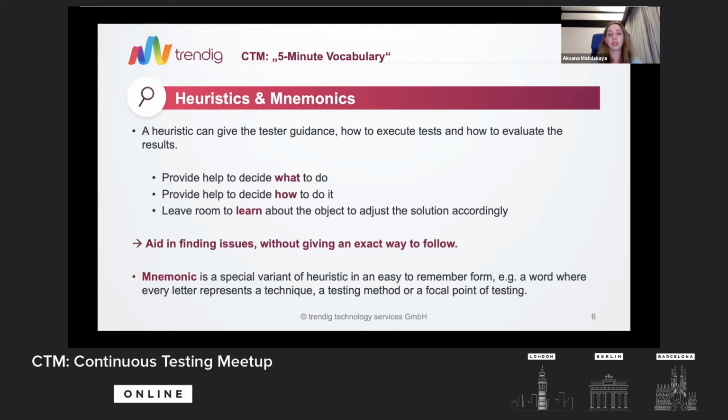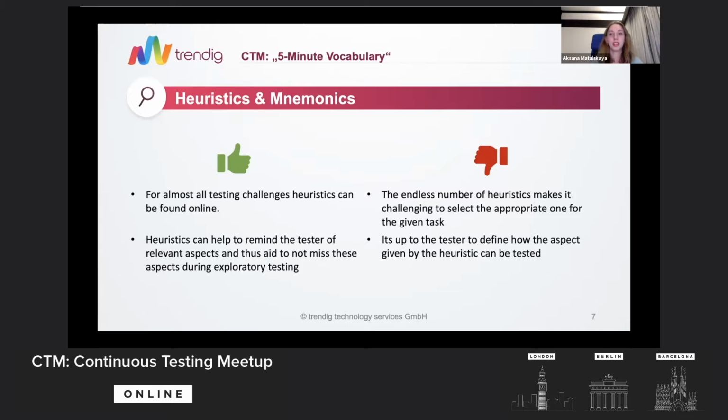In an easy-to-remember form, it is a word where every letter represents a technique, testing method, or a focal point of testing. We will look at some examples of it a little bit later. So what advantages and disadvantages can we have if we use heuristics and mnemonics?